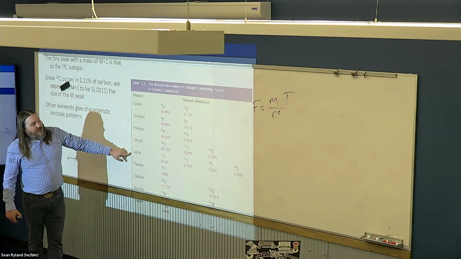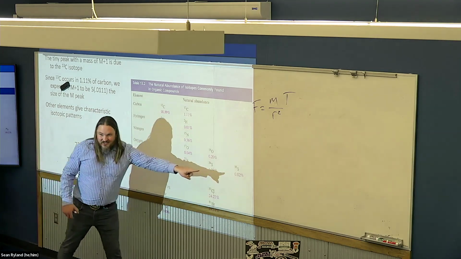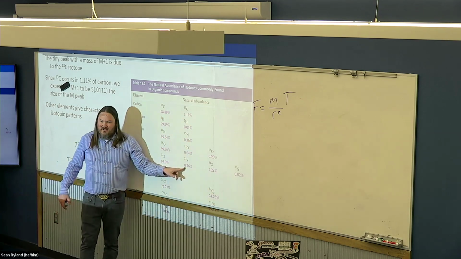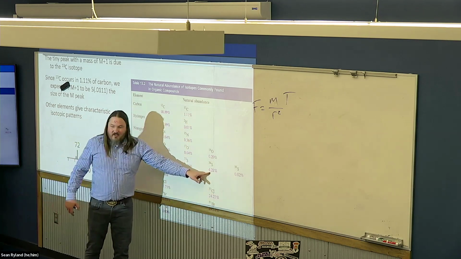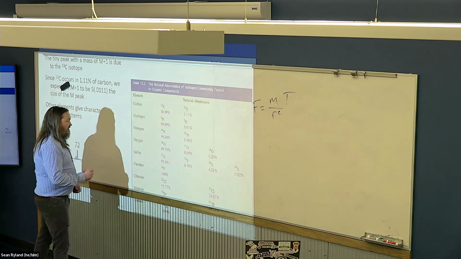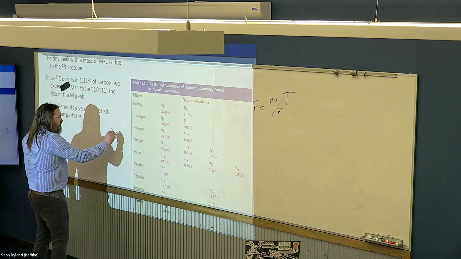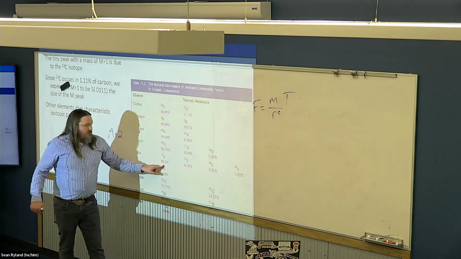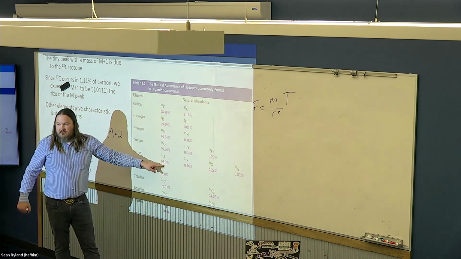Sulfur is a weird one because you wind up with 4 isotopes. This one's probably not measurable. This one, you're probably not going to notice it too much, but we call it the M+2 peak, so the molecular ion +2. And it's roughly a 20-to-1 ratio.